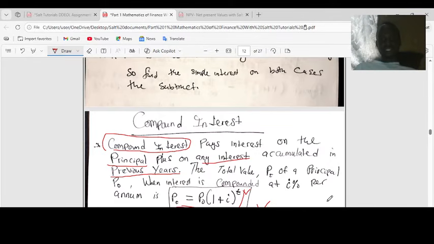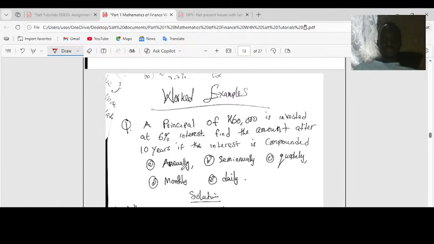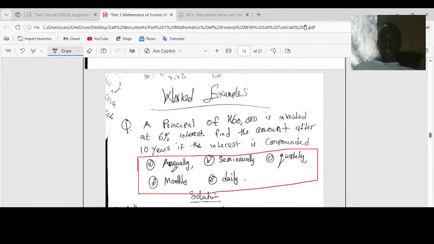If interest is compounded twice a year, we call that semi-annual. So there are different types of compounding. I can calculate a future value when interest is compounded annually, semi-annually, quarterly, monthly, or daily.